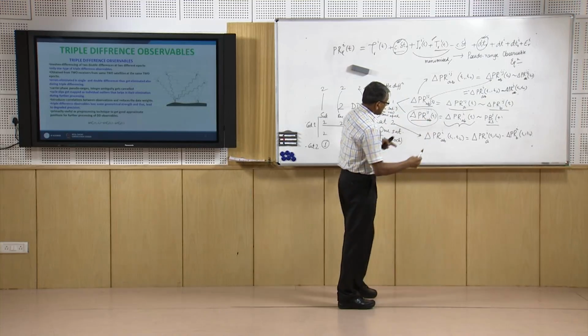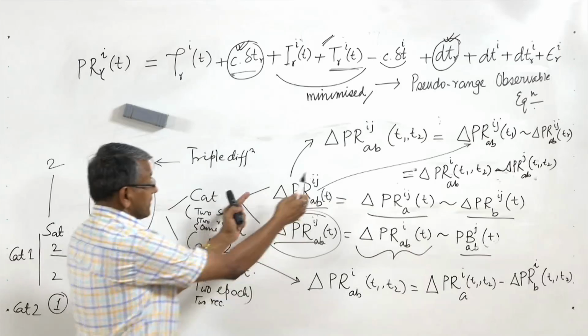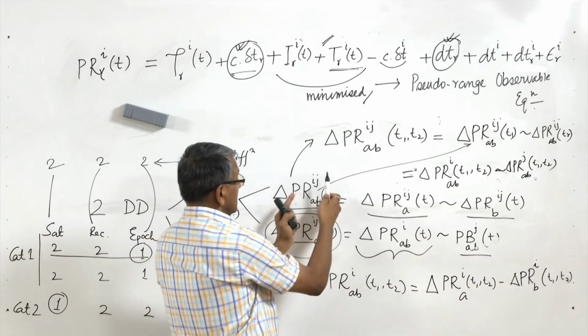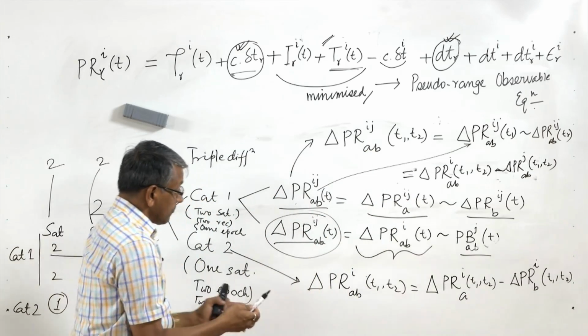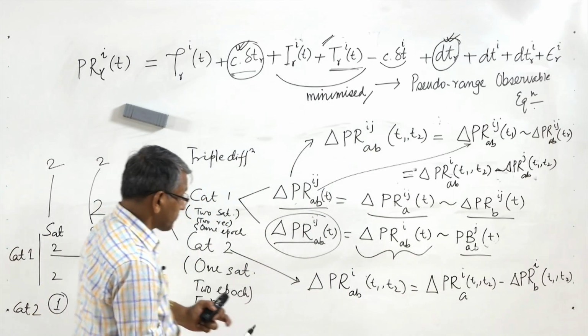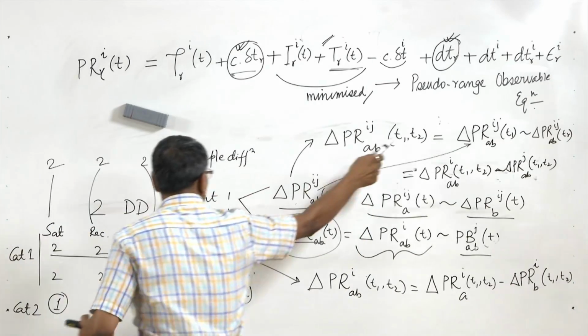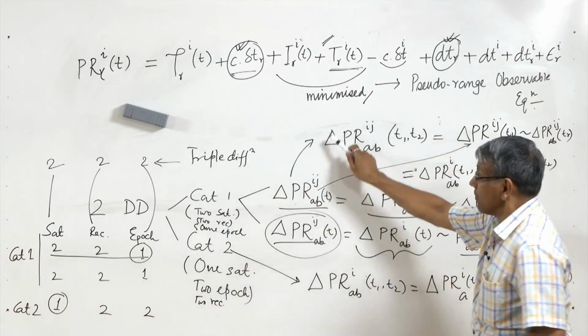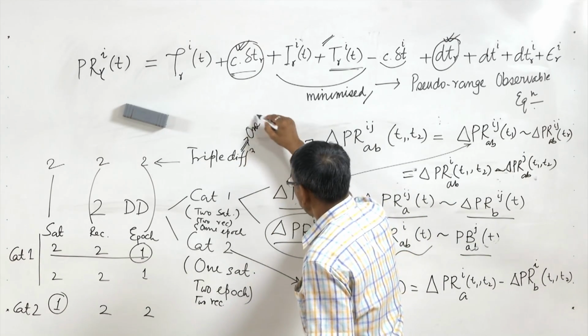So, there are 3 varieties of double difference. I can take this one for T1 and this one for T2, or this one. In that way ultimately we will end up with the same, so only one output, only one type of triple difference.